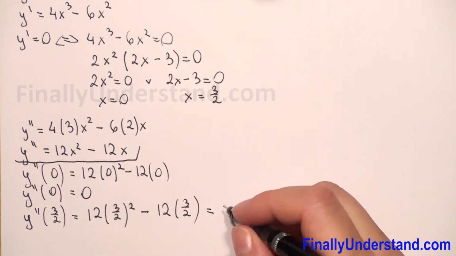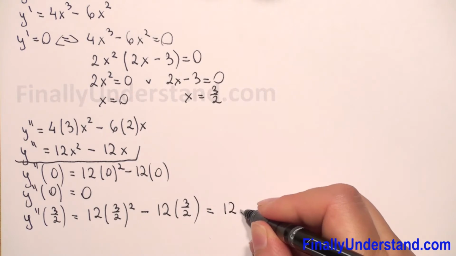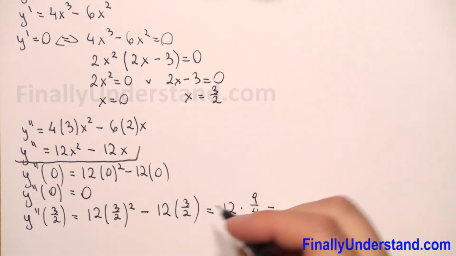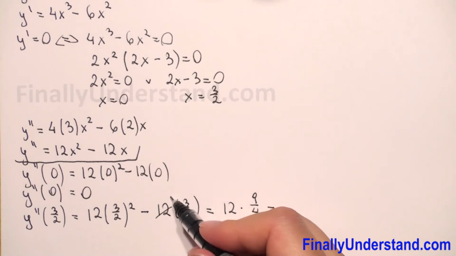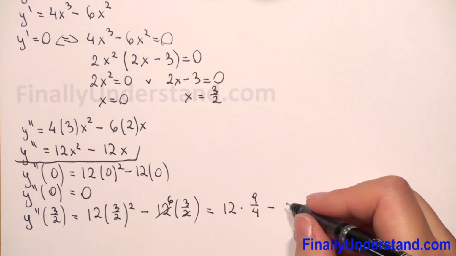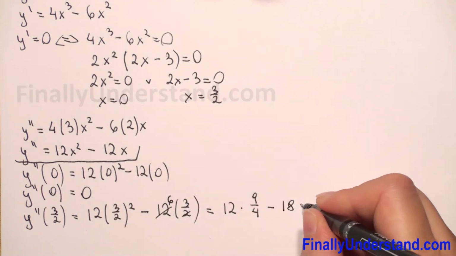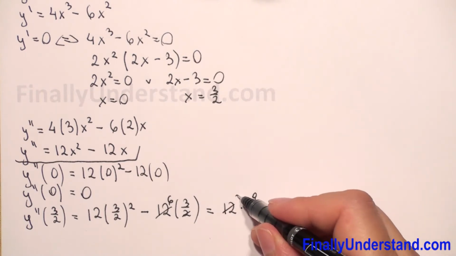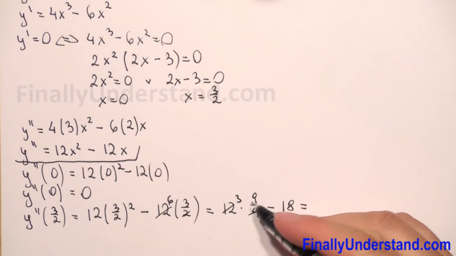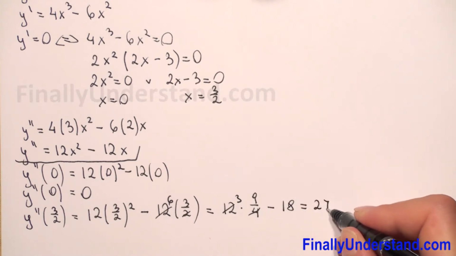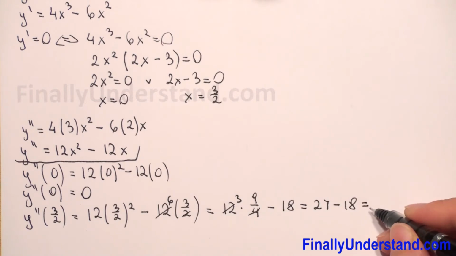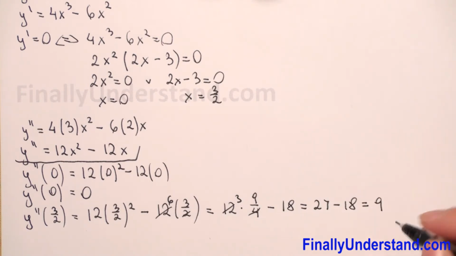This is equal to 12 times 9 over 4 minus 12 times 3 over 2. With 4 and 12 we can reduce, it will be 3 times 9 is 27, minus 18.